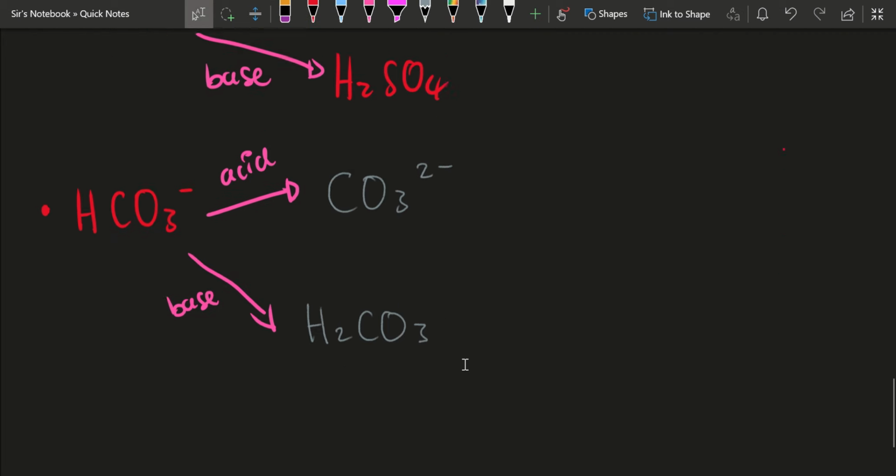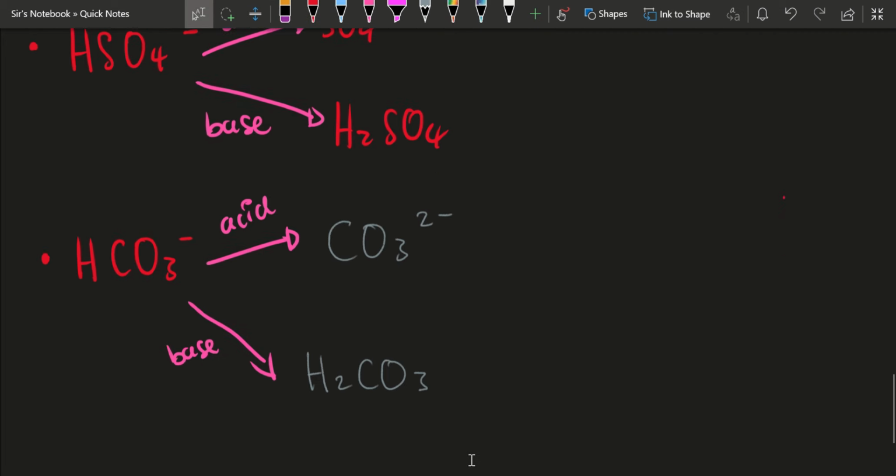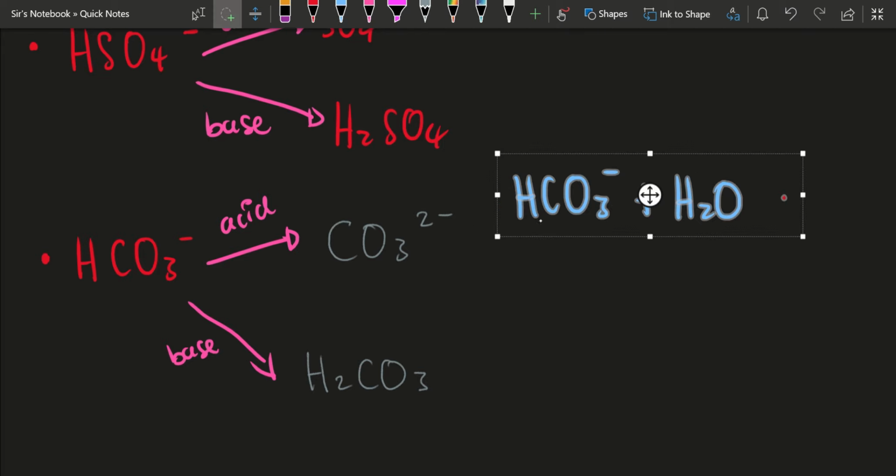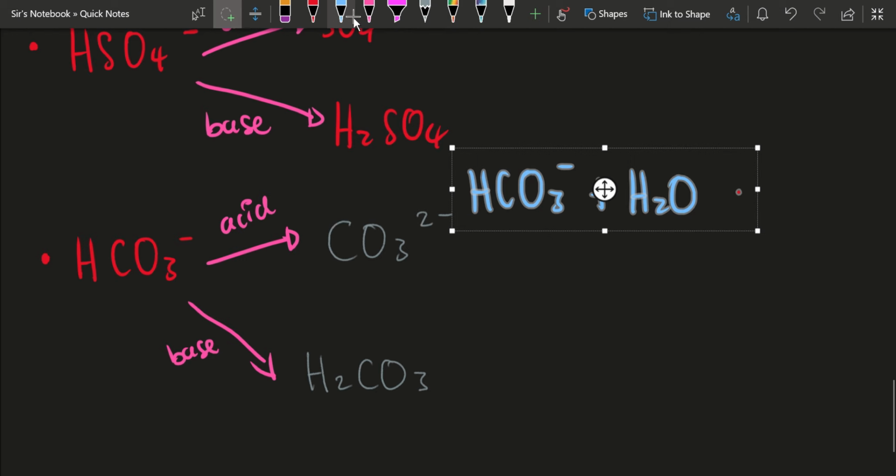Let's say we have a reaction of HCO3 minus plus water. Now, are we expecting HCO3 minus with water to react as a base or as an acid? It can be either. Remember, if it acts as an acid, then it's supposed to give a proton.